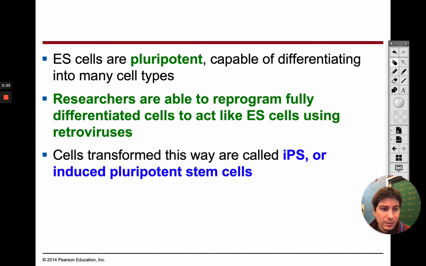And retroviruses can introduce many different types of regulatory genes in order to get it back into an undifferentiated cell. And if you remember, again, this is how we cloned, by de-differentiating that nucleus cell.